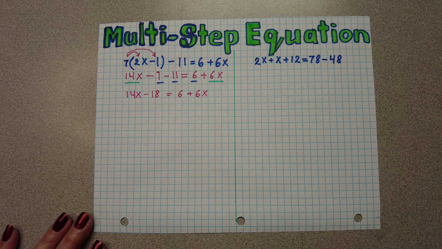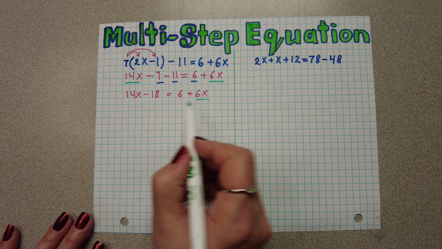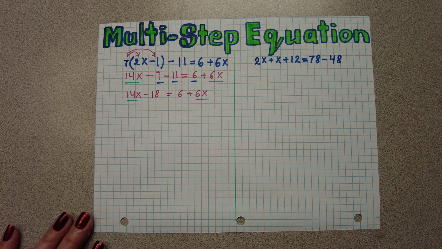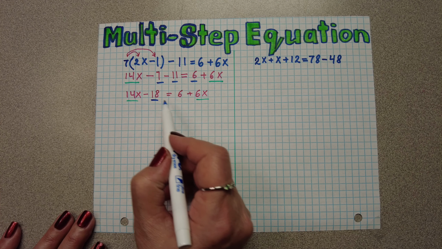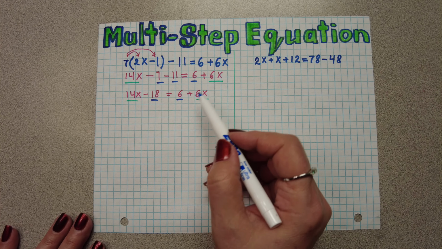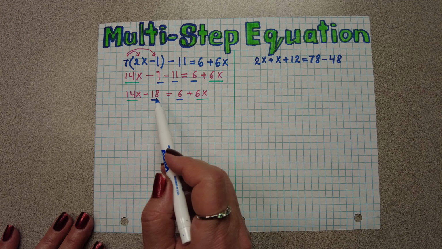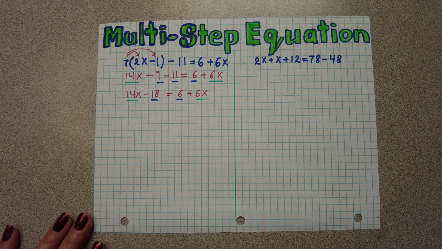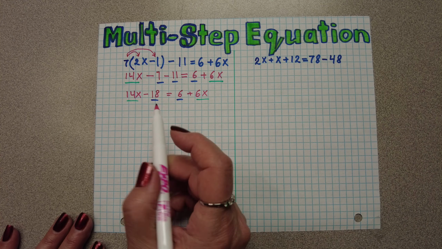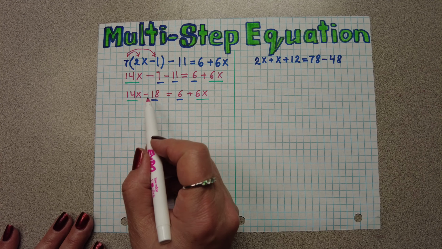Now what do we have? We have two variables and we have two numbers. What do we do? We're gonna combine the variables to the left side and we're gonna take the numbers to the right side. The next step will be the inverse operation.